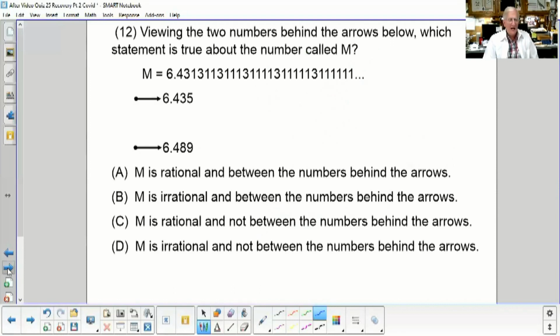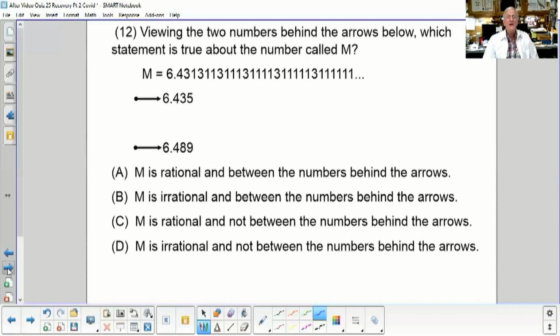Viewing the two numbers behind the arrows, which statement is true about the number that's called M? Now, the first thing you've got to decide is, is M between them? And what kind of number is M? Well, if you look at M, it has a growing pattern on it. The ones are increasing, right?